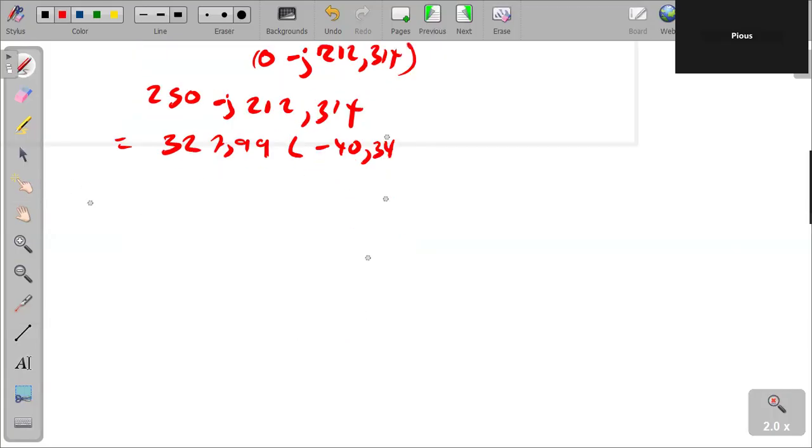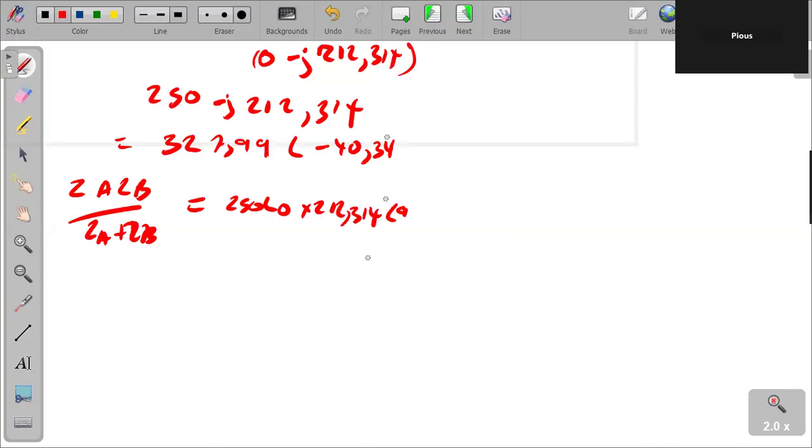Then we can now calculate ZA times ZB over ZA plus ZB. So it means 250 angle of 0 times 212.314 angle of negative 90, divided by 327.99 angle of negative 40.34 that we just calculated, that's our ZA plus ZB.